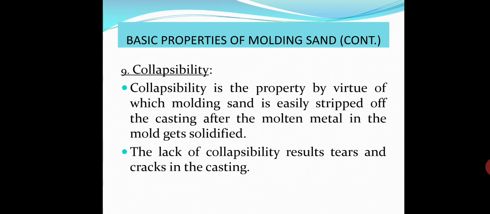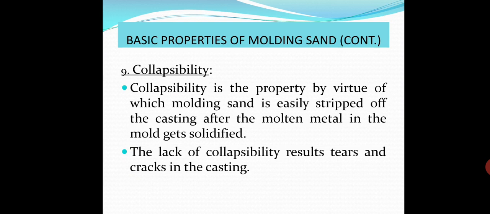Next is collapsibility. Collapsibility is the property by virtue of which molding sand is easily stripped off the casting after the molten metal in the mold gets solidified. So there must be collapse. The sand must be removed.